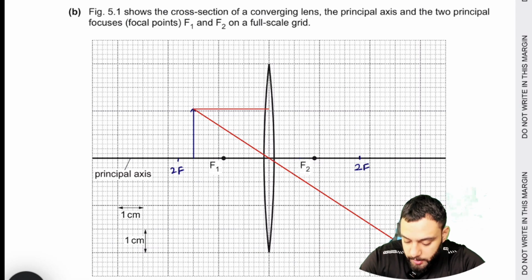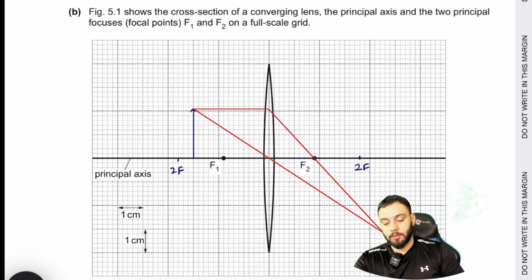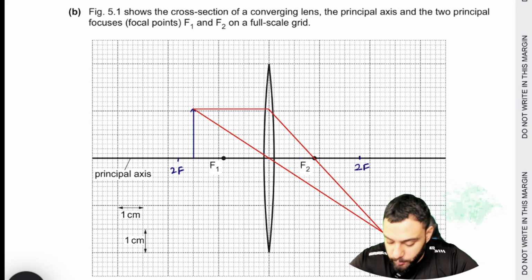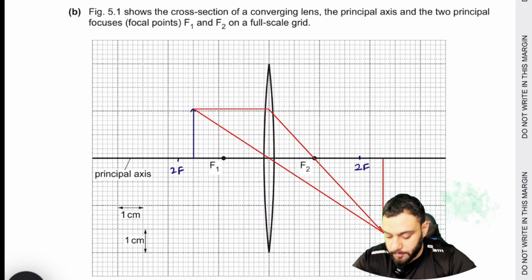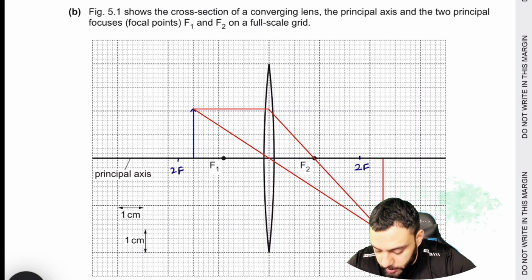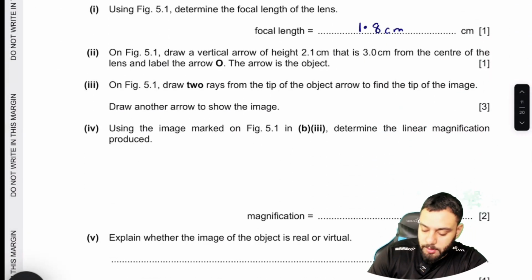The ray that's gone straight, parallel to the principal axis, would converge and pass through the focal point. That's always the case, and then this is going to be the image. So the image is going to be over here somewhere, so it's going to be 3.1 centimeters.